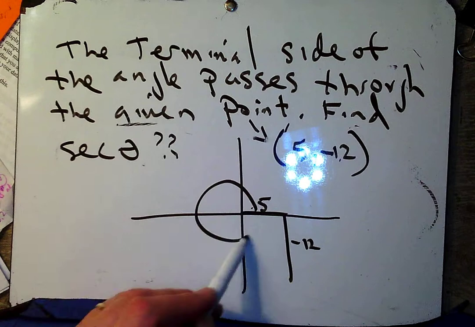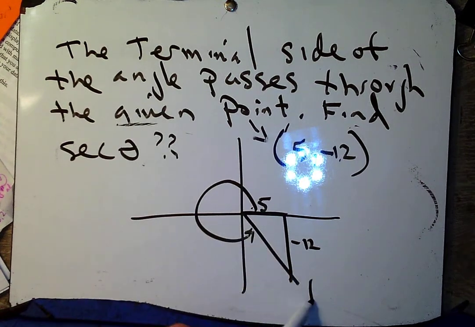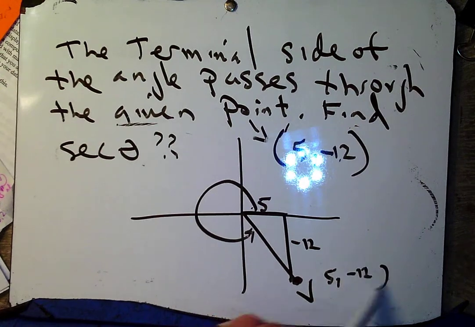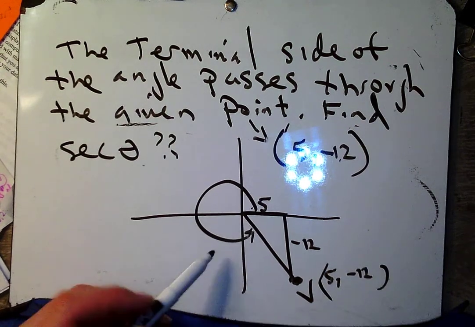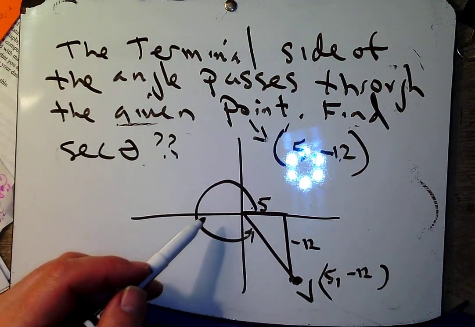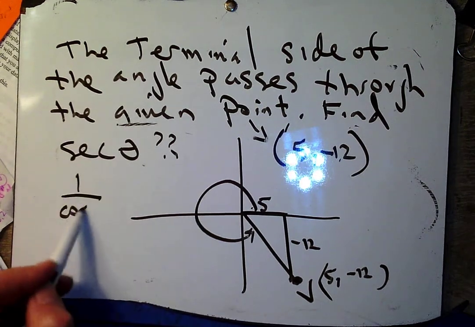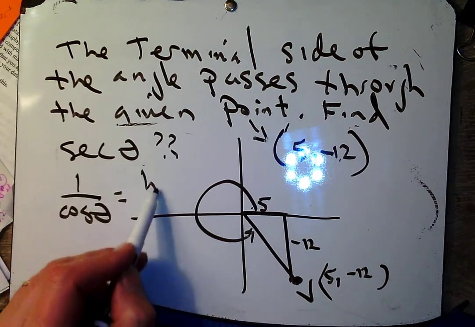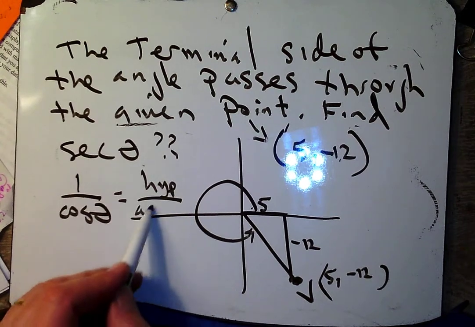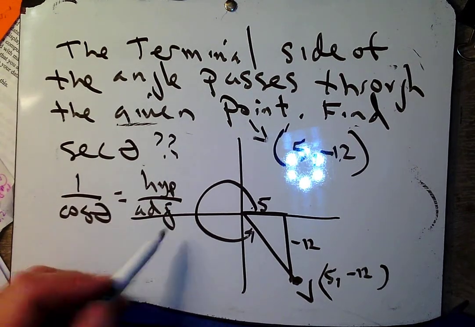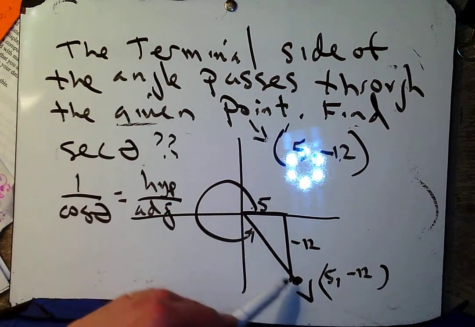My angle is this angle. I'm passing through that point, 5, negative 12. So, what's secant in this picture? Well, secant is 1 over cosine, and so I need hypotenuse over adjacent. We don't know how long the hypotenuse is, though.